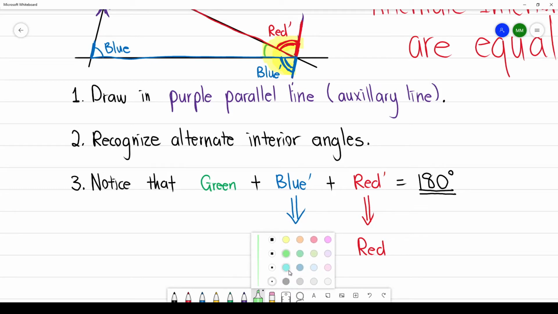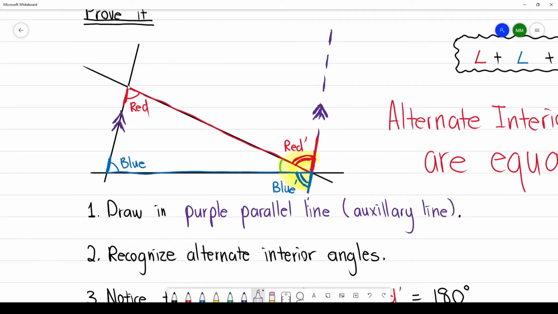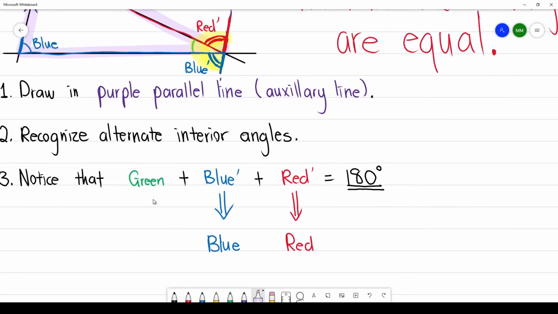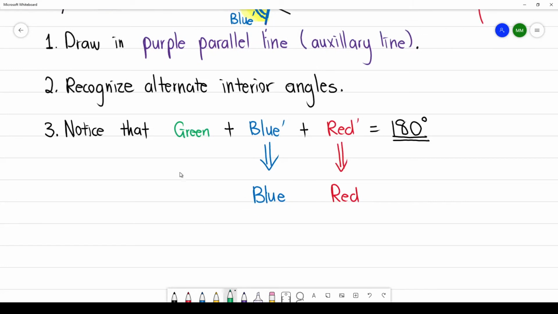Let me use this one. Yeah. So let me just highlight the triangle here. So to remind ourselves, we want to prove that the red plus the blue plus the green is 180. And we essentially have already done that here, the last step. So green plus blue plus red.